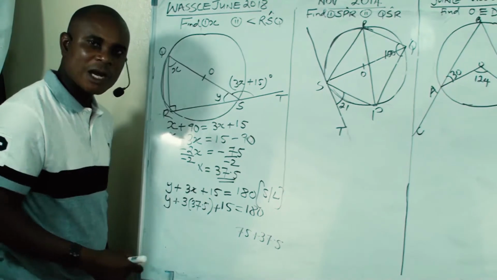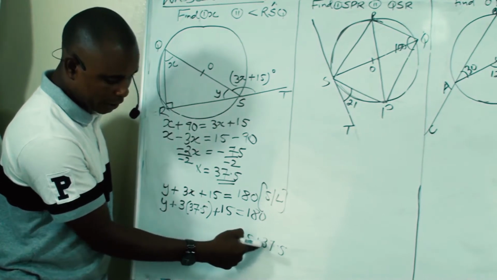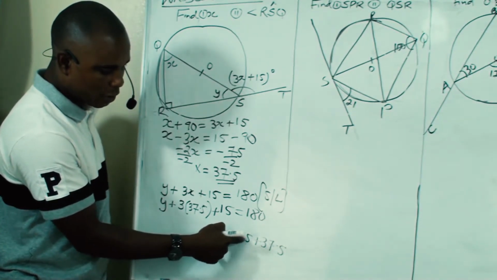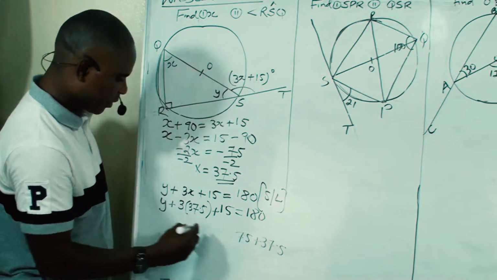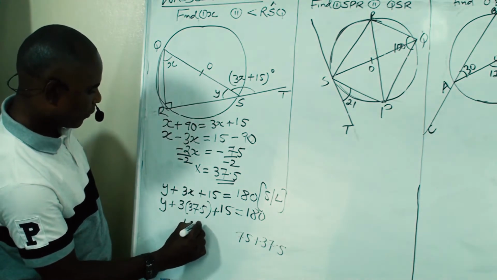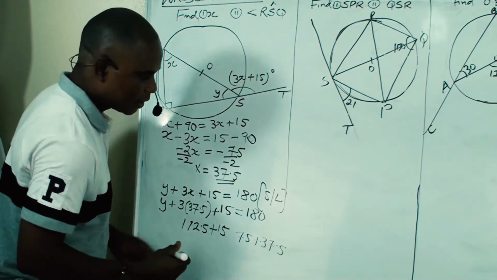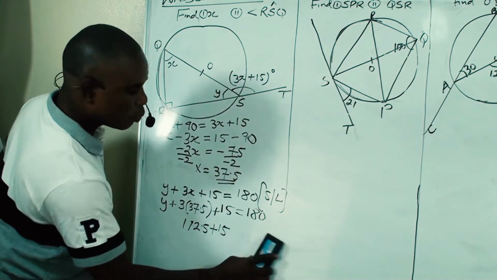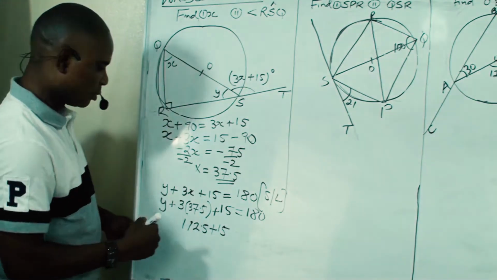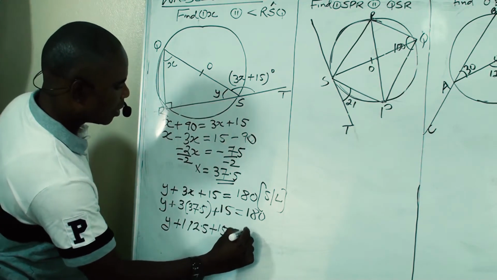So if you can just add that, this is going to be 112.5. Watch out there, this 112.5. Now plus 15. Now I can clean this question for you here. I just wanted you to avoid the calculator. Sometimes you don't need a calculator there. This is plus y equals 180.